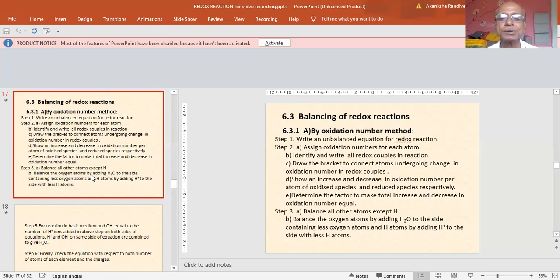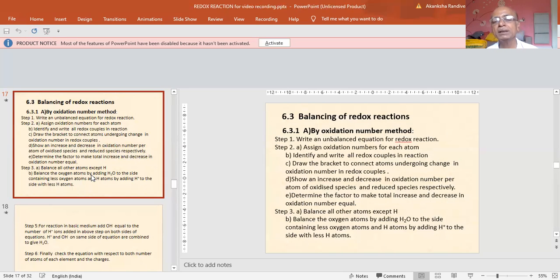And then the step third is balance all other atoms except hydrogen. Except hydrogen. Hydrogen सोडून इतर सगळे atoms हे काय करायचे? बॅलन्स करायचे. आणि त्यानंतर balance the oxygen atoms by adding H2O to the side containing less oxygen atoms and hydrogen atoms by adding H plus to the side with less hydrogen atoms.